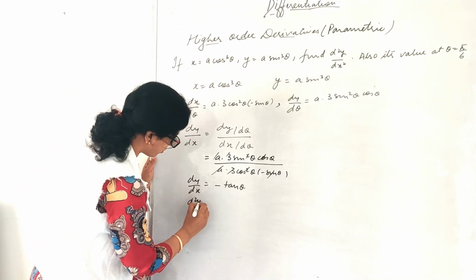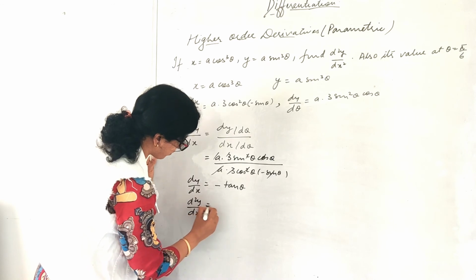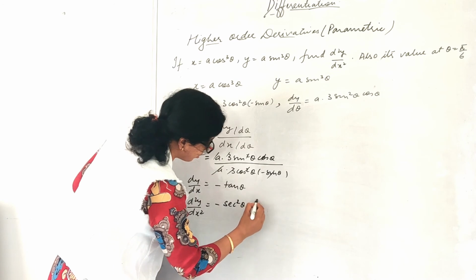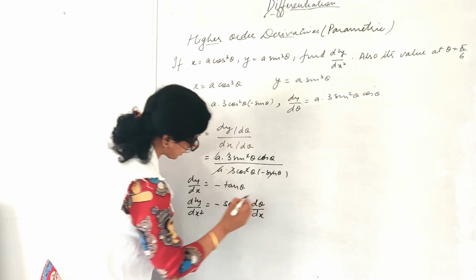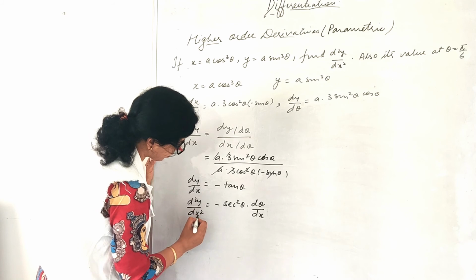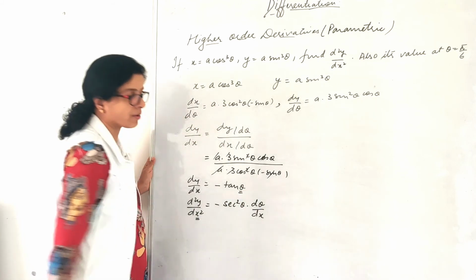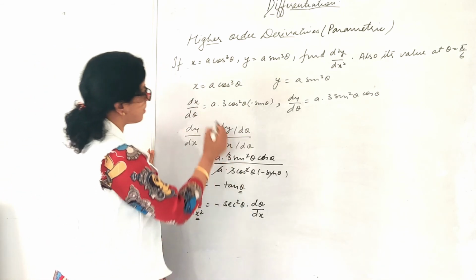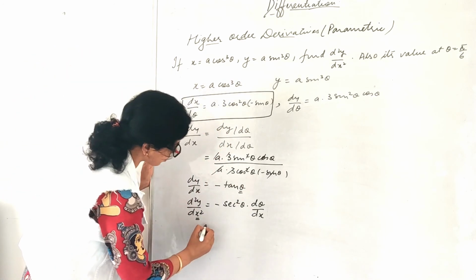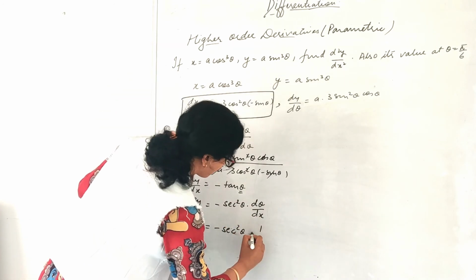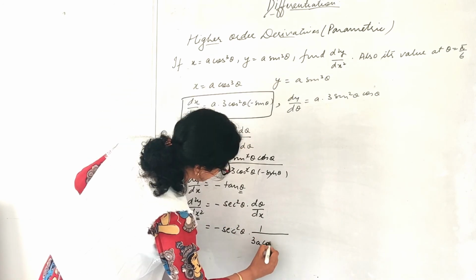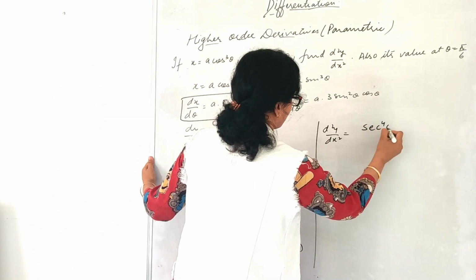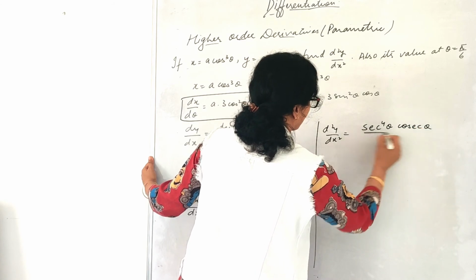So d2y by dx2 equals the differential of tan theta, which is secant square theta, into d theta by dx, because I am differentiating with respect to x but my function is in terms of theta. Now we substitute the value of d theta by dx from here, into 1 upon 3a cos square theta into minus sine theta. So what I am getting here is secant 4 theta cosecant theta upon 3.